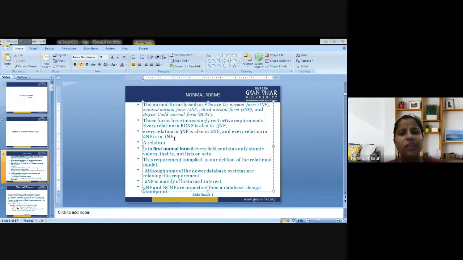But 2NF is mainly of historical interest; 3NF and BCNF are important from a database design standpoint. So these are the points you are supposed to consider while you are working with normal forms.